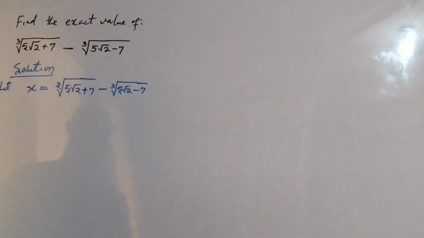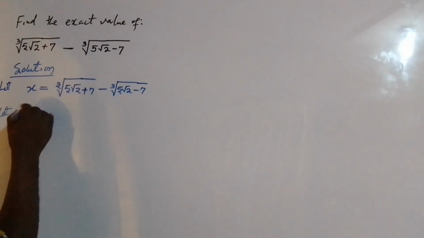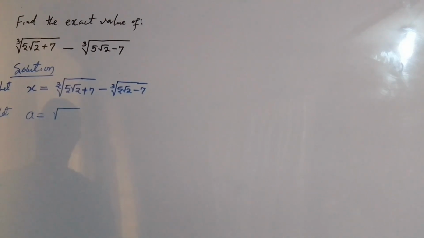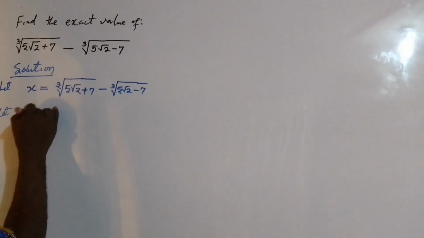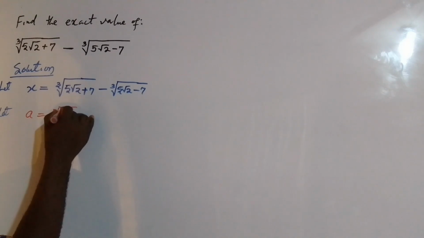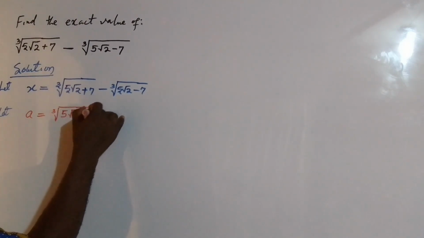So if this is so, we take a to be equal to, okay, let me do it this way. Let a equal to cube root of 5 root 2 plus 7.